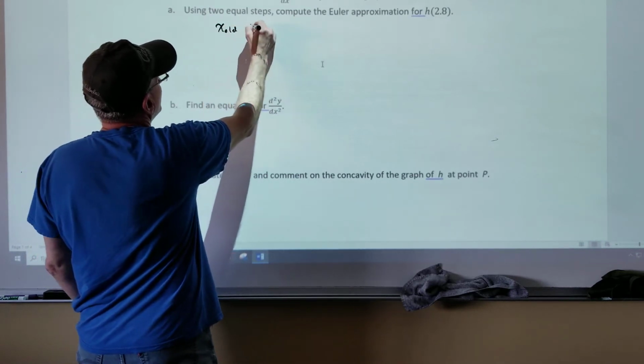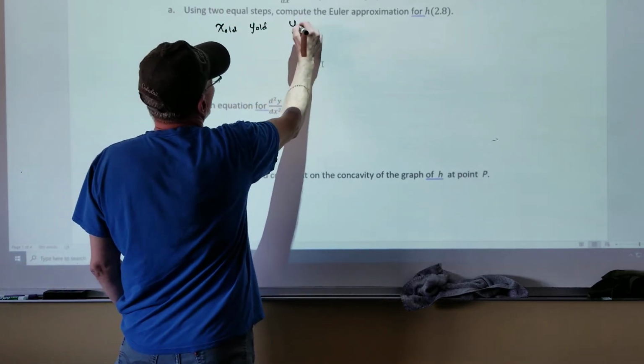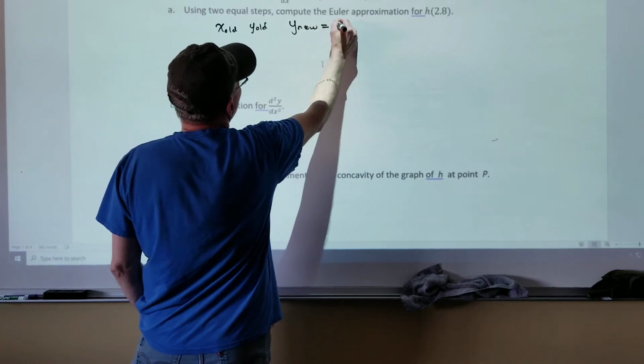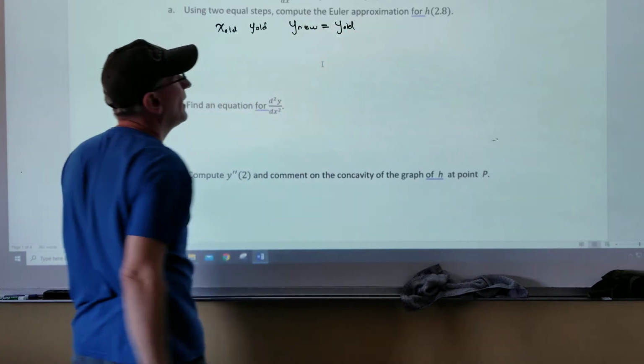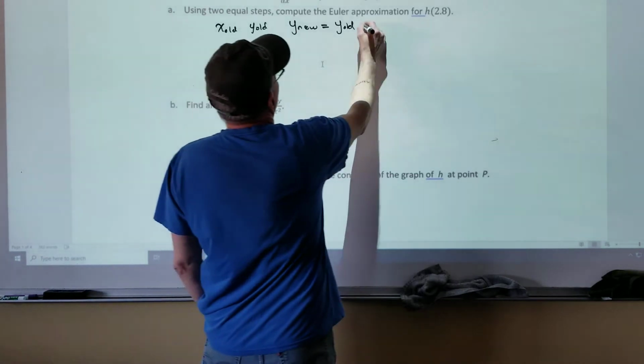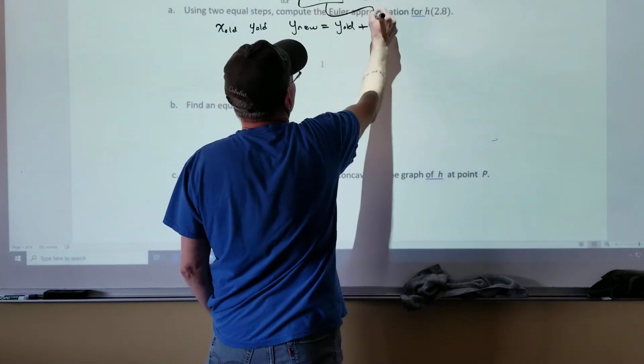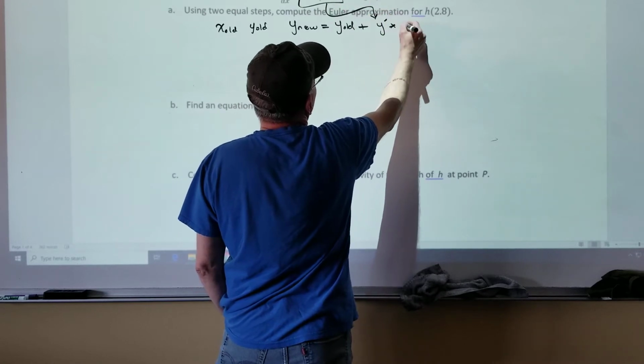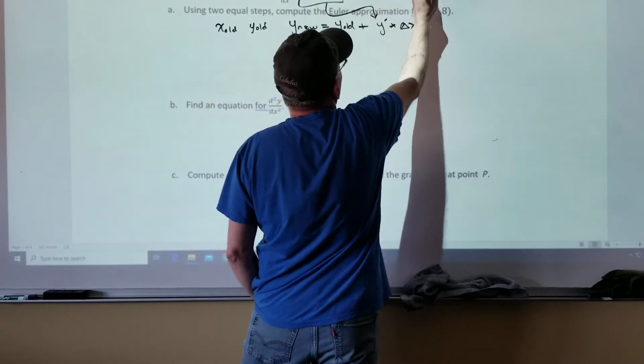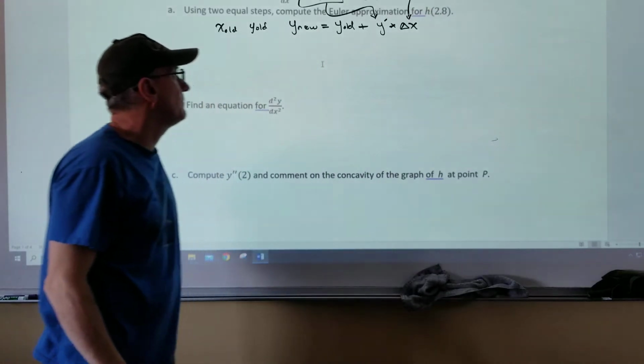Here's my table. Here's my Euler solution for a new y. It's the previous y plus the y prime calculation, which looks like that, multiplied by the step, and the step is 0.4 for this problem.